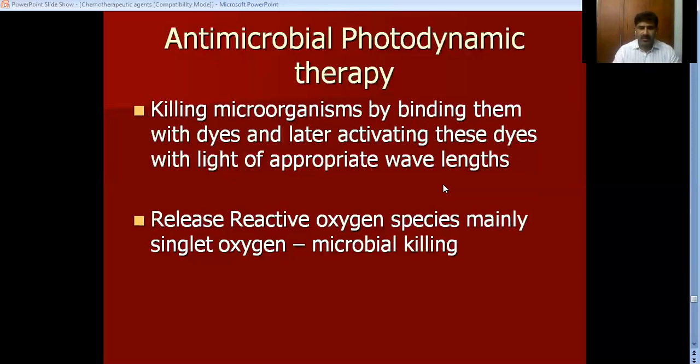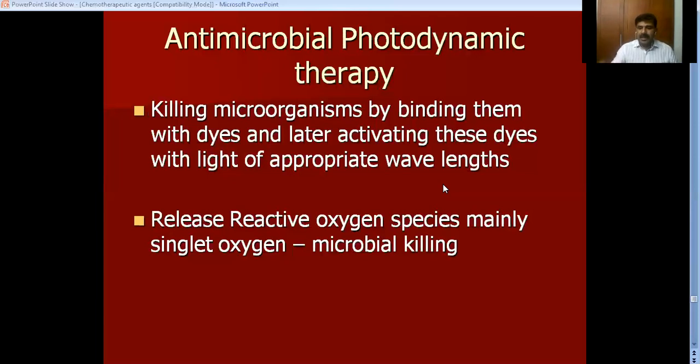Different types of dyes have different wavelengths by which they can get activated. So you activate these dyes by means of the particular light, and when it is activated, there is release of reactive oxygen species, mainly singlet oxygen, and this singlet oxygen will act on that bacterial cell and kill the cell. So that is the basic idea of antimicrobial photodynamic therapy.